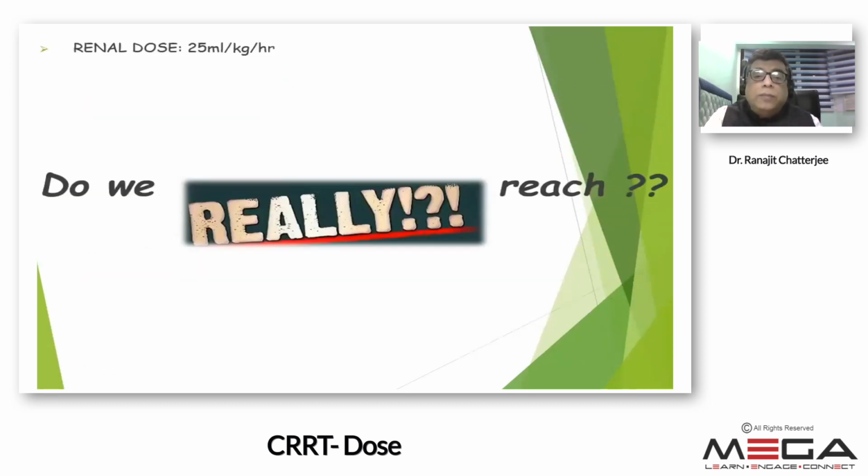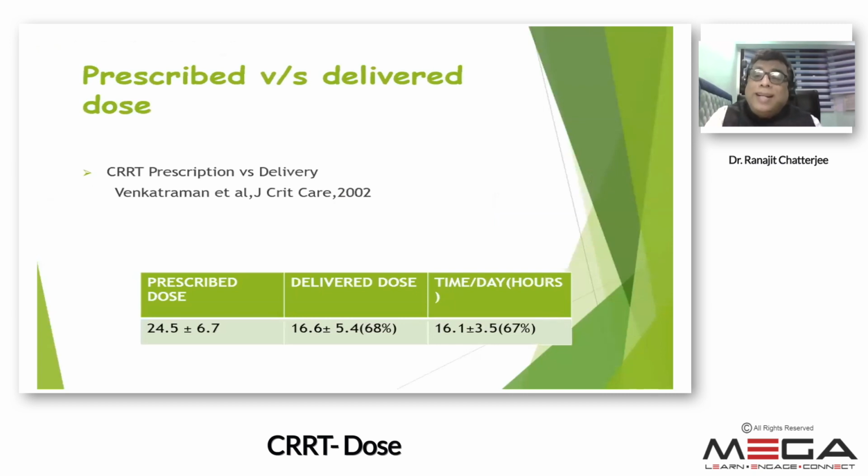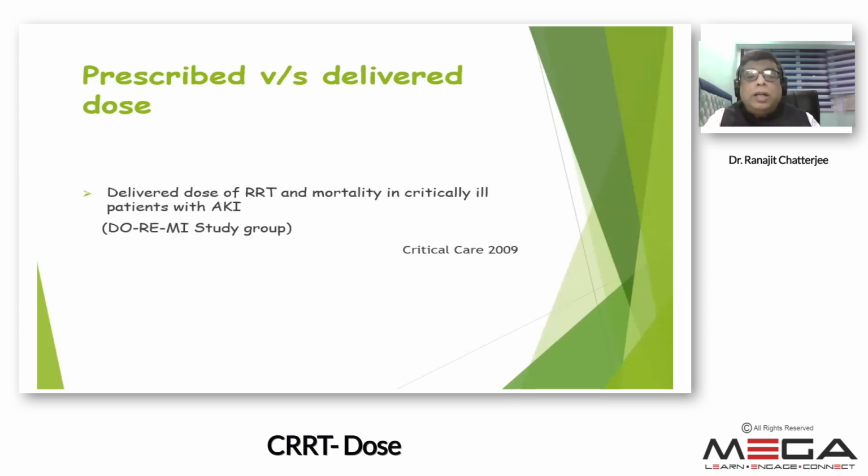As I have already said, we don't reach our target values, so we have to prescribe high to get what we want to achieve. This was shown by Venkataraman in 2002. He prescribed 24.5 ml per kg per hour and achieved 16.6 ml per kg per hour, because they could continue the CRRT for only 16 hours rather than 24, with numerous stoppage times.